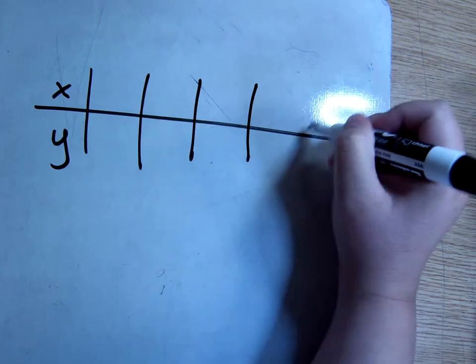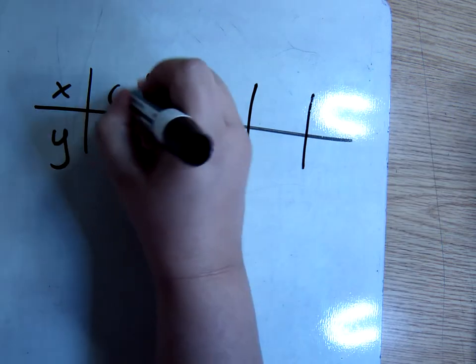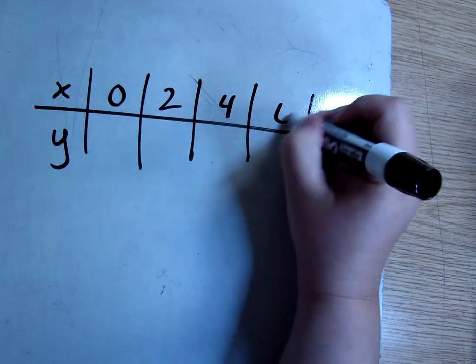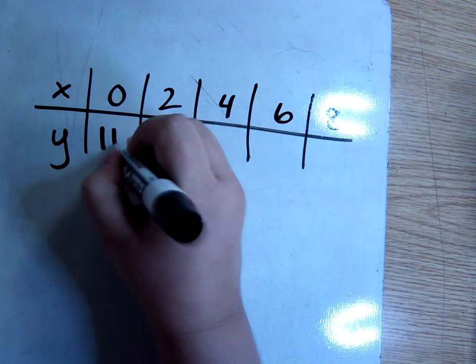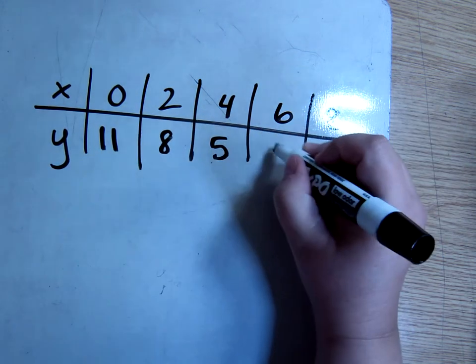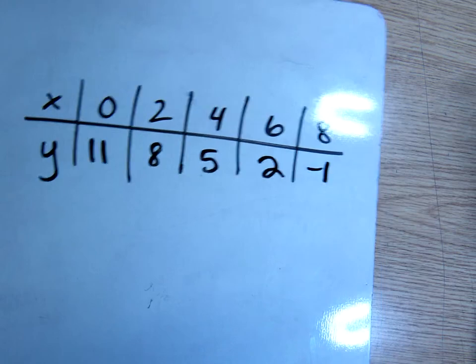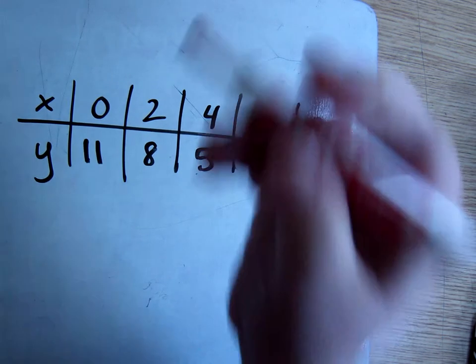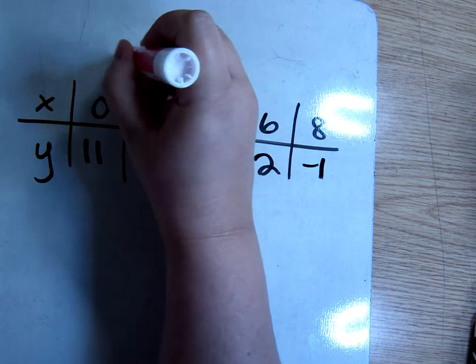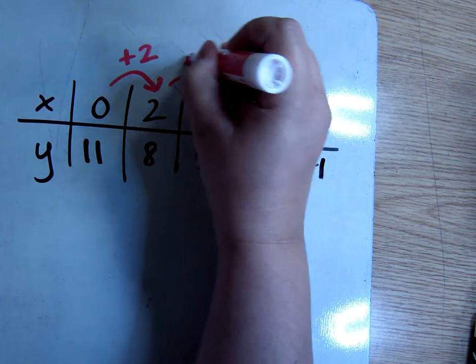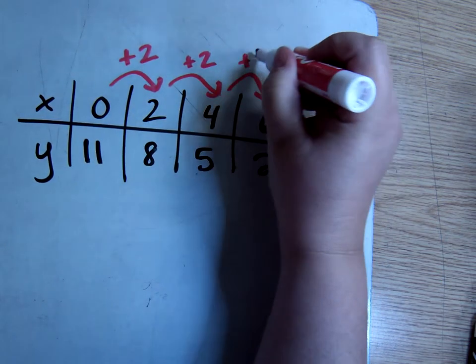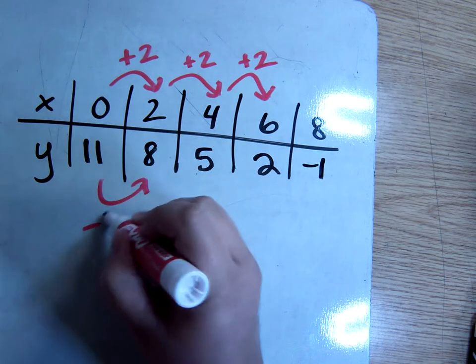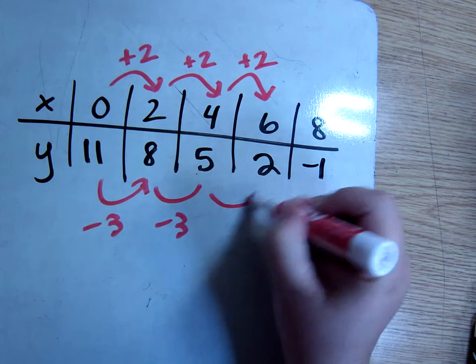ordered pairs that are like this, okay, if I have a constant change in x and a constant change in y, that's a linear function.